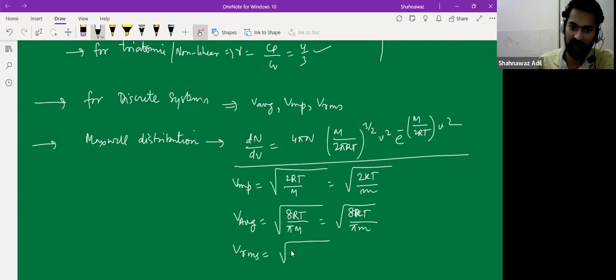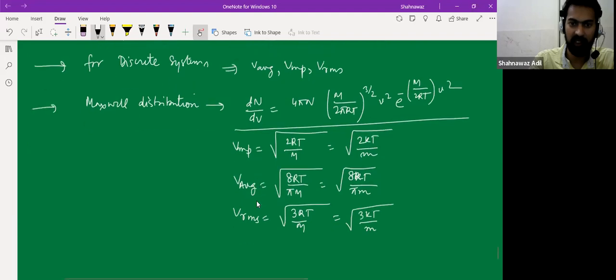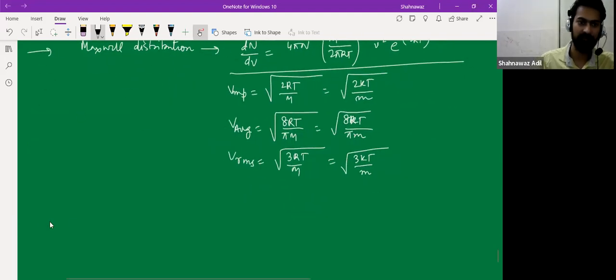This was root of 3RT by m. I'm repeating this many times because only these parts are important. They only ask you about these, right? And then we learned about the degrees of freedom, right?